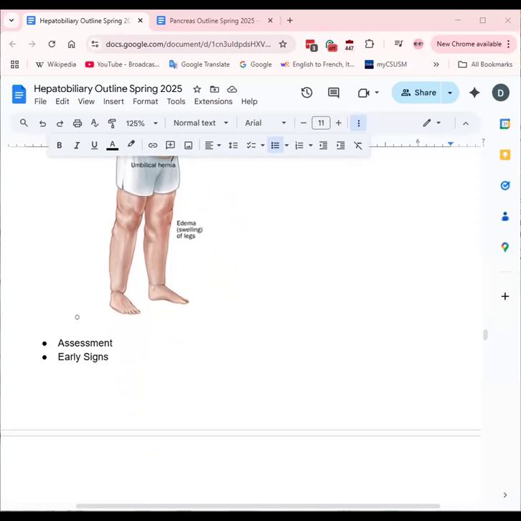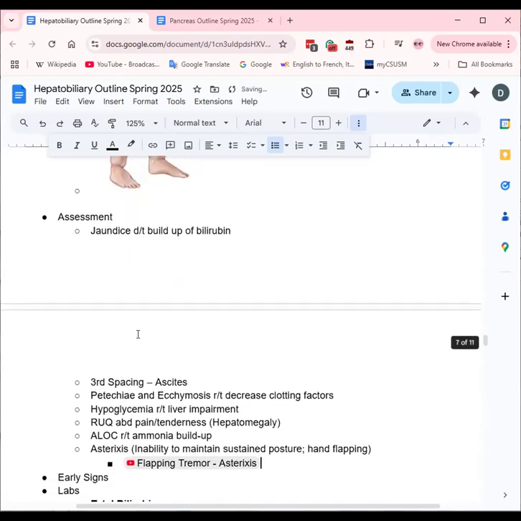We talked about almost all of these, so I will just copy paste here from what I have because we already talked about it in depth. One of the only things we didn't really talk about in depth was this thing called asterixis, which is the hand flapping. All you really have to know is high ammonia levels, hand flapping.